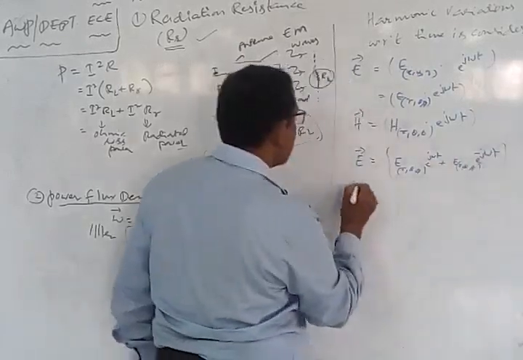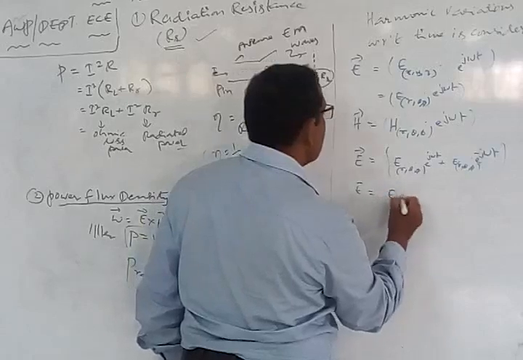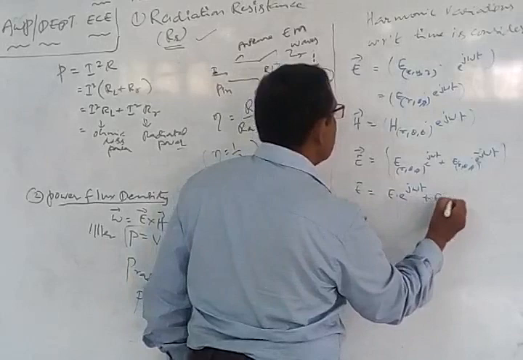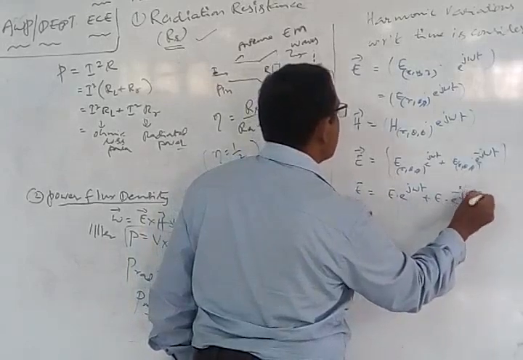So these components I can have now. E is equal to E into e power j omega t plus E into e power minus j omega t.